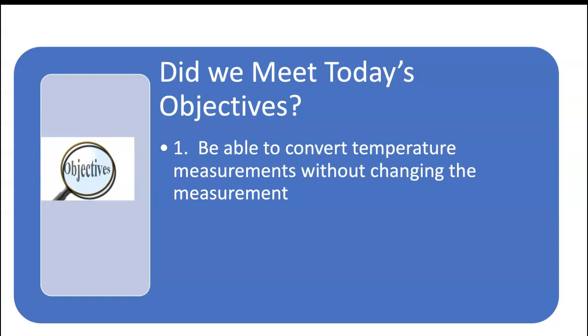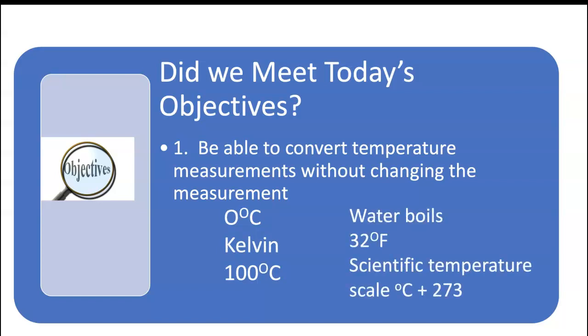All right, so let's take a moment. Did we accomplish what we needed to today? Can you convert temperature measurements without changing the actual measurement and maintaining your number of significant figures? I hope so. All right, so if we have 0 Kelvin, see if you can match these up really quick.